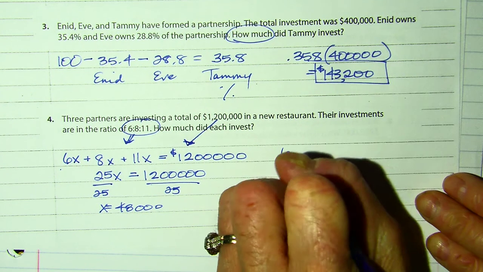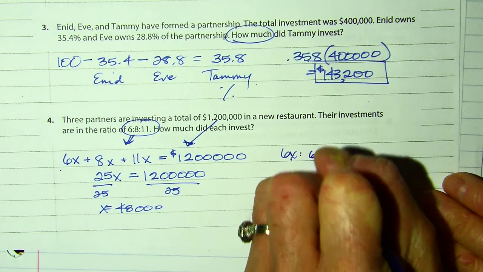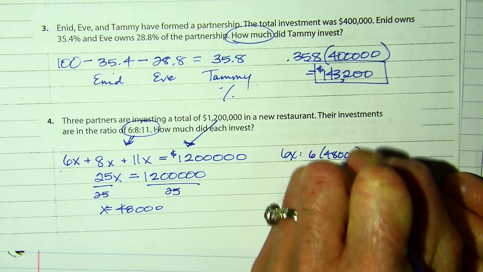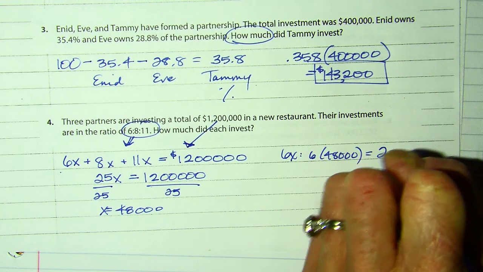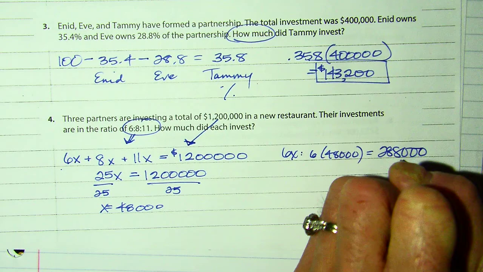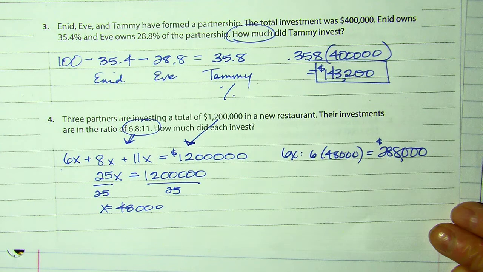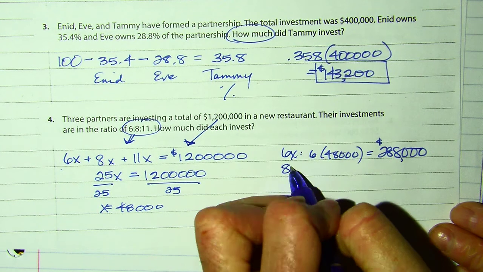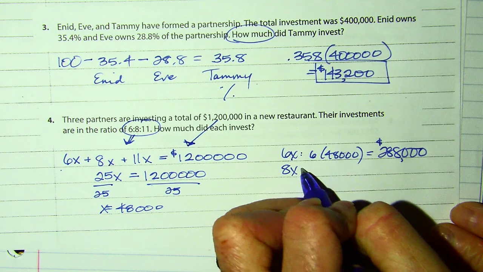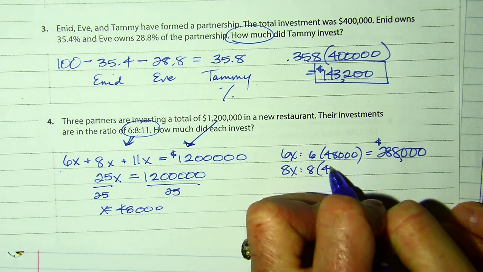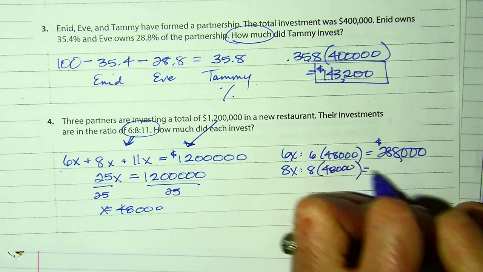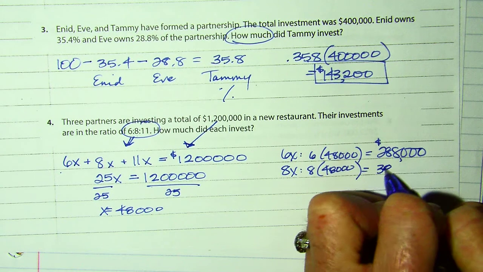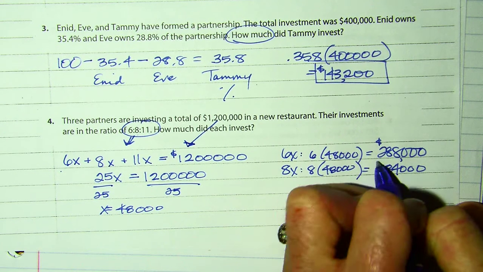So we have to find how much they each invested. The person who did 6x would be 6 times 48,000, which means they invested $288,000. The person who invested 8x would be 8 times the 48,000, which means they invested $384,000.